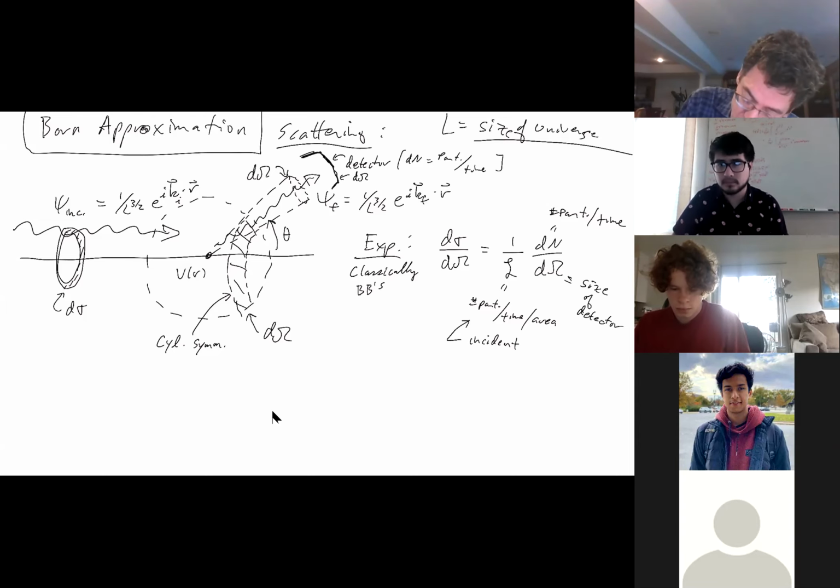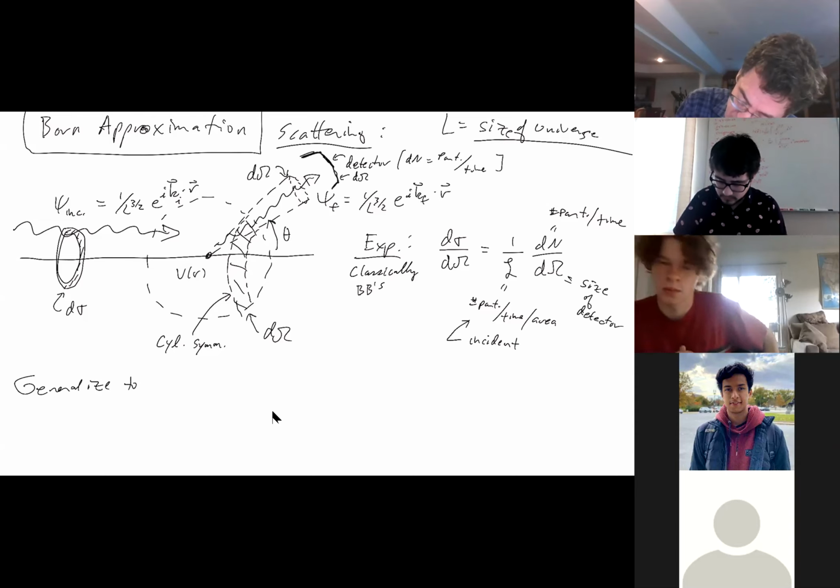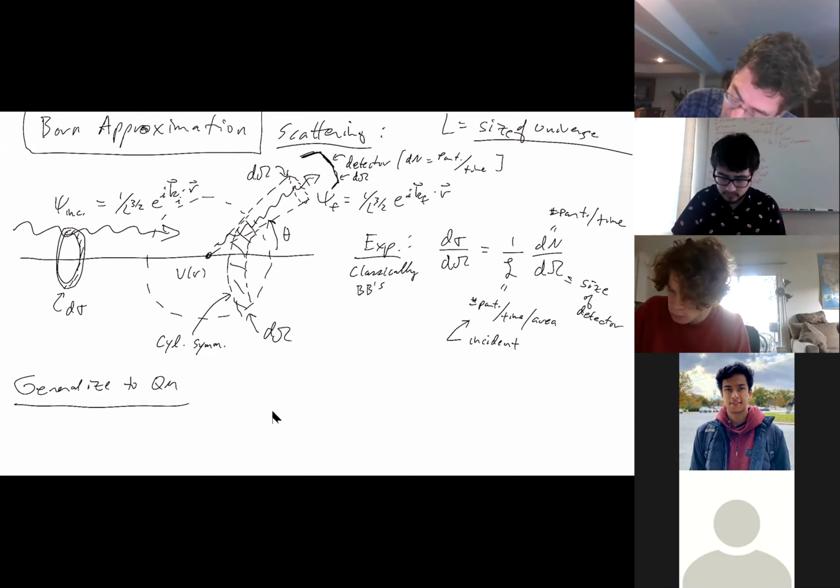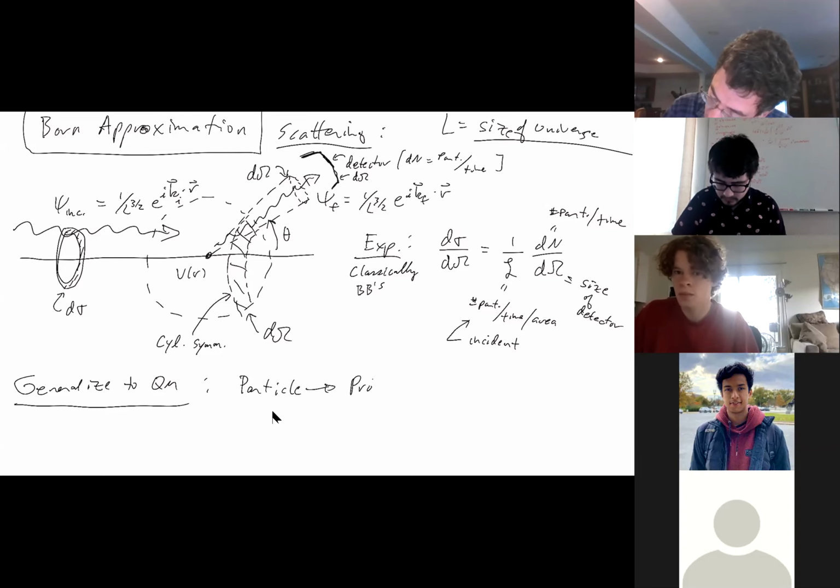Then we generalized to quantum mechanics. And that was actually straightforward. We basically replace the word particle with the word probability.